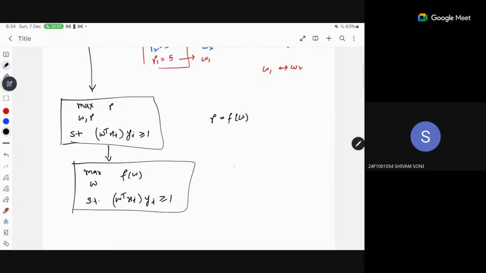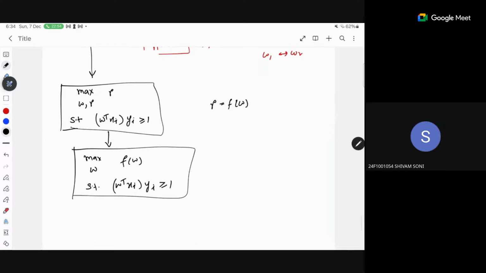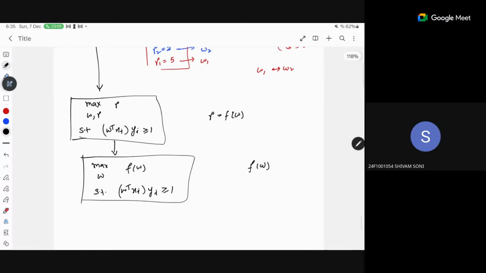Okay. And then, if you watch the lectures carefully, there was one more thing sir has implemented: this f of W, which is 2 gamma, is called the width, and width is a function of W. And what does that width come out to be? It's 2 by length of W squared.